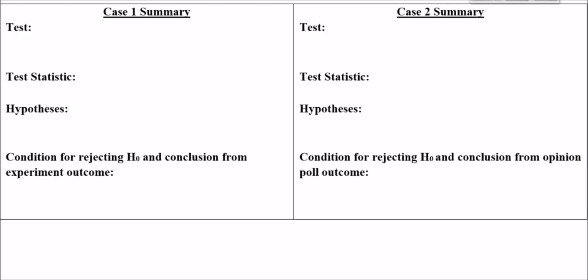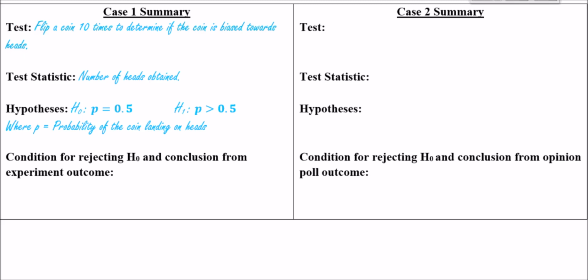So just summarising this, case 1 and case 2. So case 1, the test was flipping a coin 10 times to determine if a coin is biased towards heads. Our test statistic was the number of heads obtained. Hypotheses, H0: p equals 0.5, H1: p is greater than 0.5, where p equals the probability of a coin landing on heads.